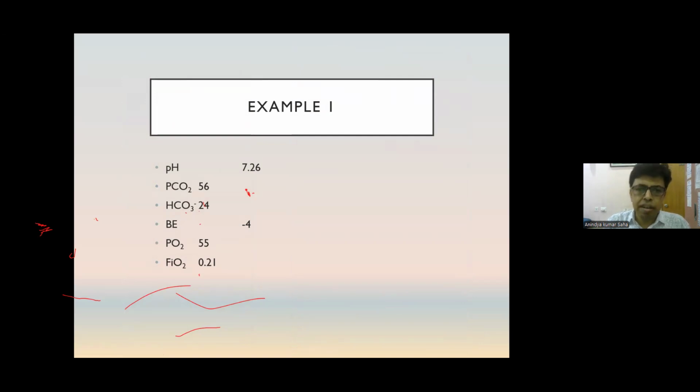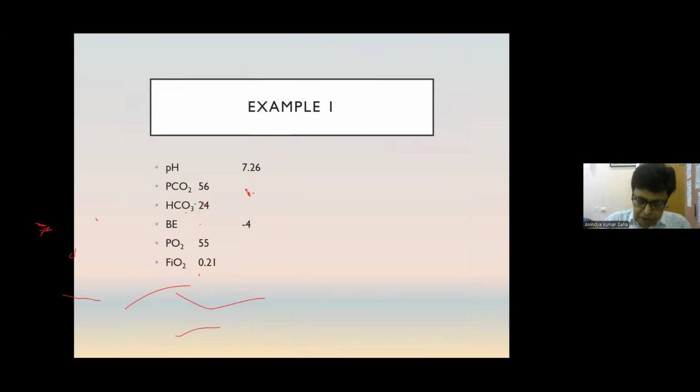So the first example, pH is 7.26. Participants are requested to go by their own calculation, and then match with the values given at the end of the presentation. pH is 7.26, PCO2 is 56, and bicarbonate is 24.